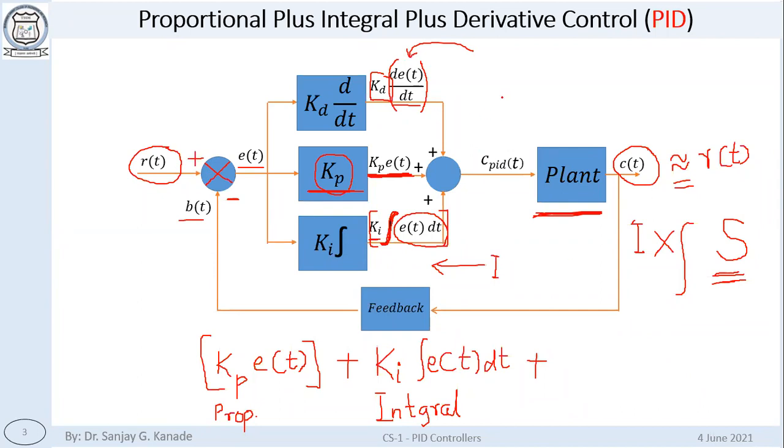So what it will add up, it will try to cope with the instantaneous changes. What does derivative stand for? For example, if this is the input, what will be the derivative of this particular signal?